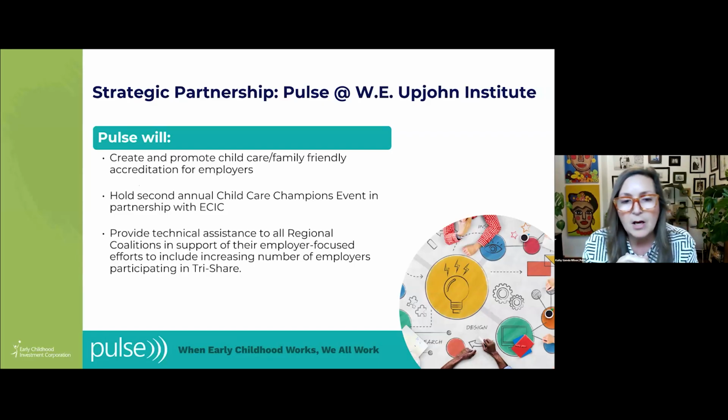It was in the fall, where we brought together, I believe, 12 award winners who are employers who are doing a lot to support their employees. And not only that, many of them are stepping up and really trying to support the sector as a whole through advocacy, through financial support, really looking innovatively at what role they can play in trying to change the course of where childcare is. And so it was wildly successful.